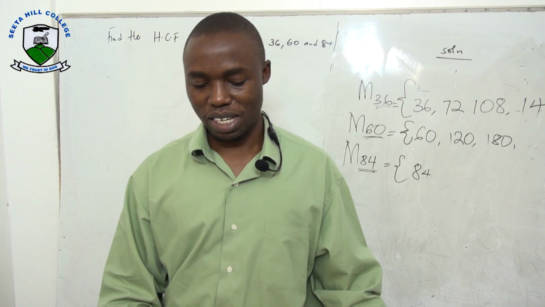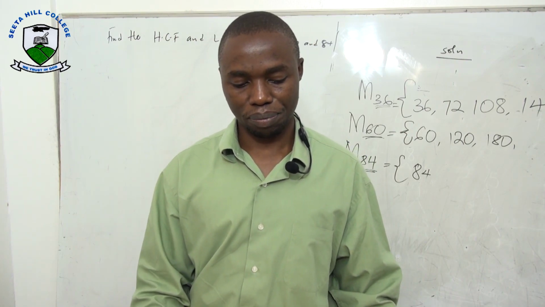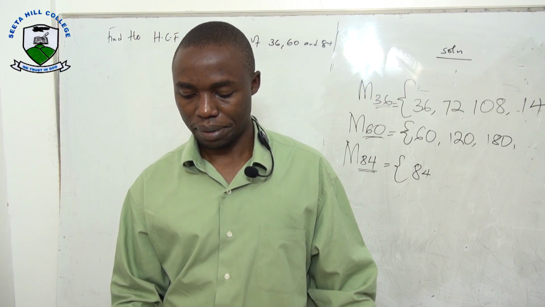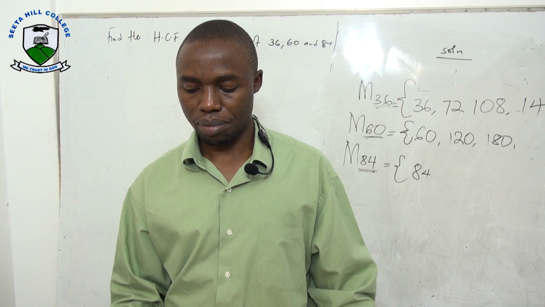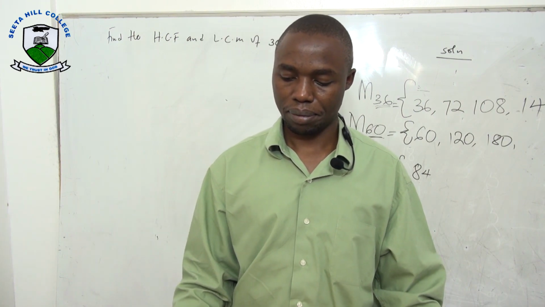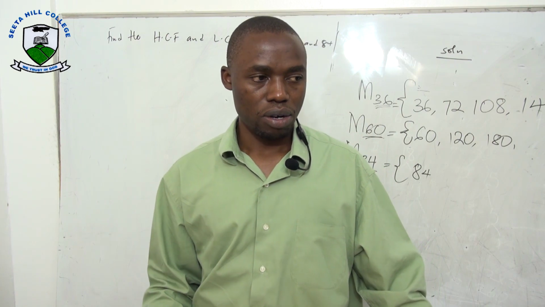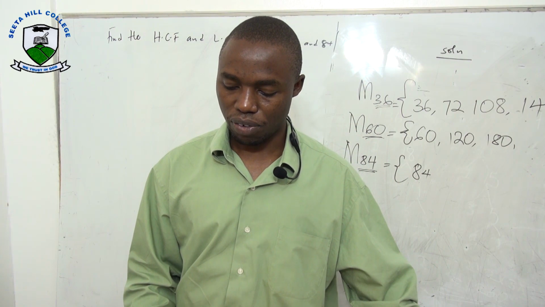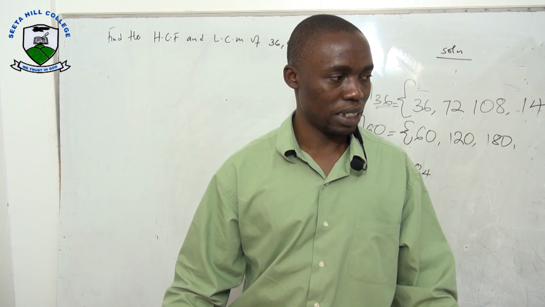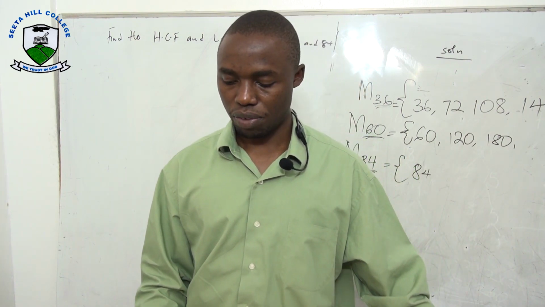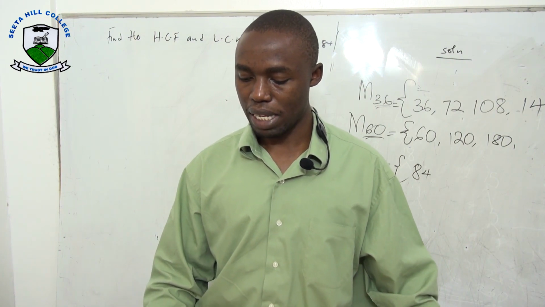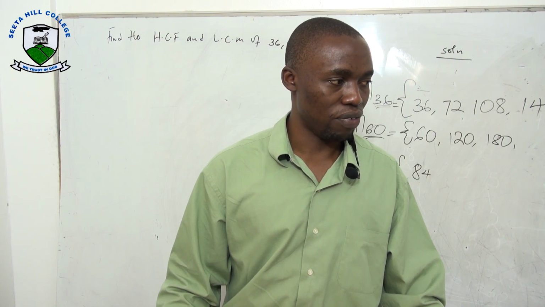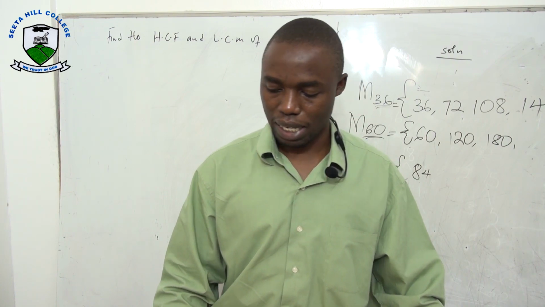Yeah, now you're here in the last question. The sitting room of a house measures 1,440 centimeters by 1,640 centimeters.